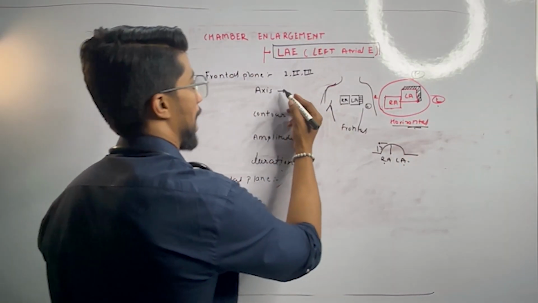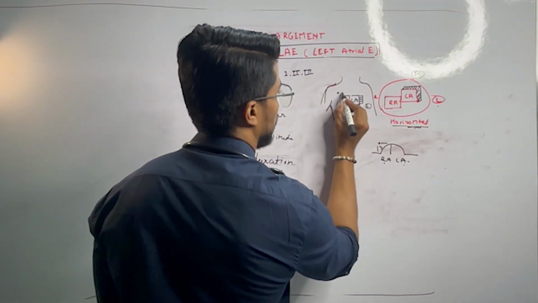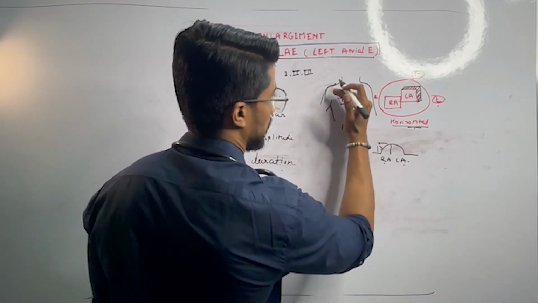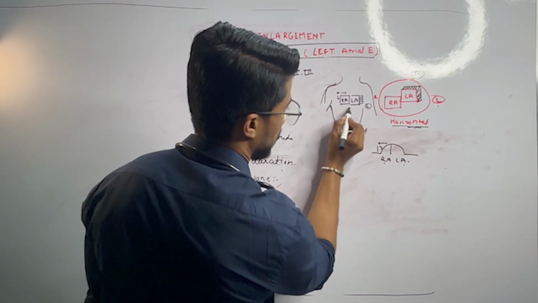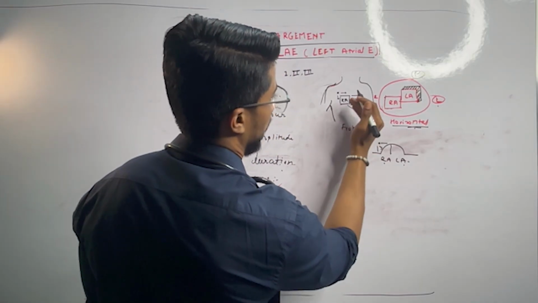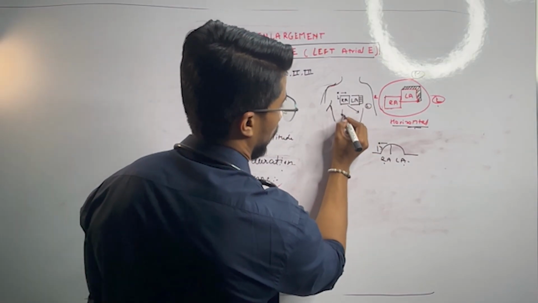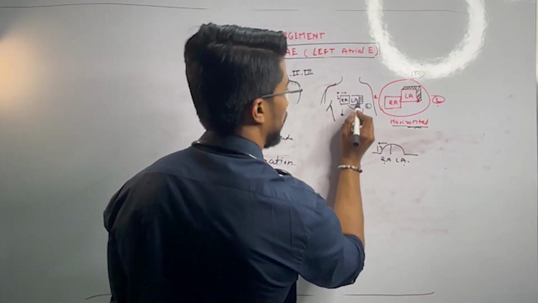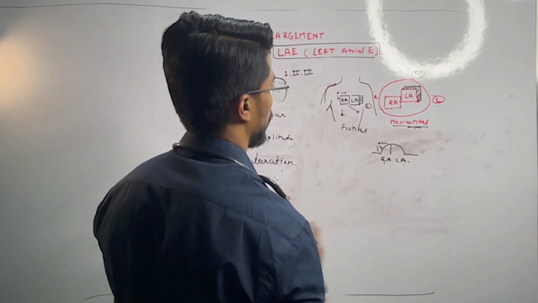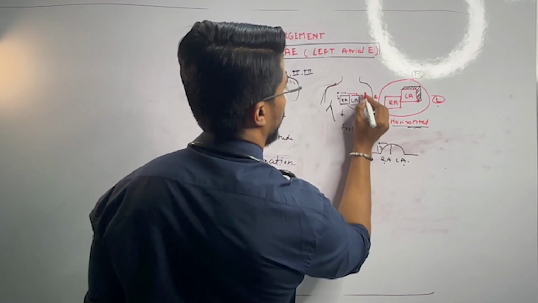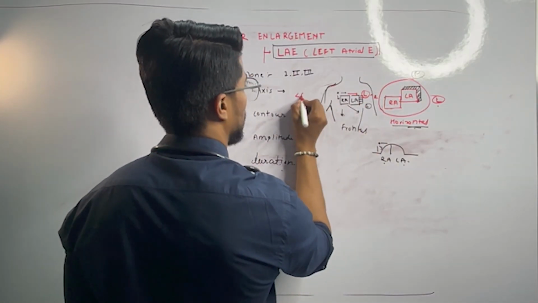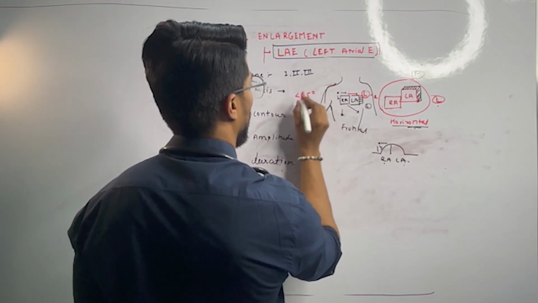So what's going to happen to the axis? Let's say this is the axis. In RA enlargement, we saw the axis gets shifted toward lead aVF, a rightward shift. Similarly in LA, the axis is going to go to the left. There's a leftward shift to the axis, so it's going to be less than 45 degrees.